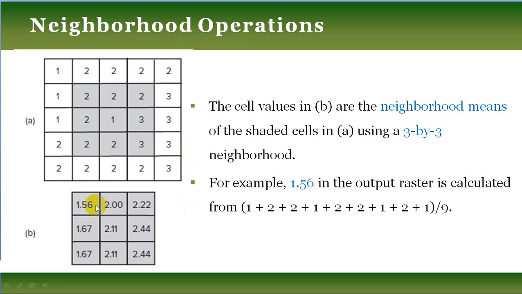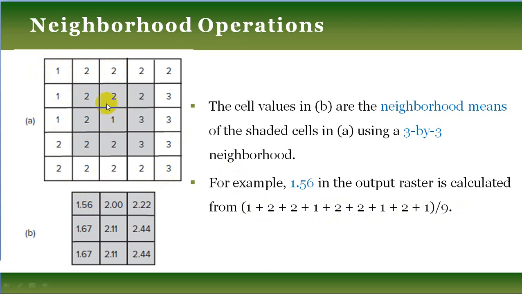How was it calculated? Based on this focal cell and the surrounding cell values: 1 plus 2 plus 2 plus 1 plus 2, 2, 1, 2, 1, total 9 pixels. Their sum divided by the number of pixels, 9, gives 1.56.